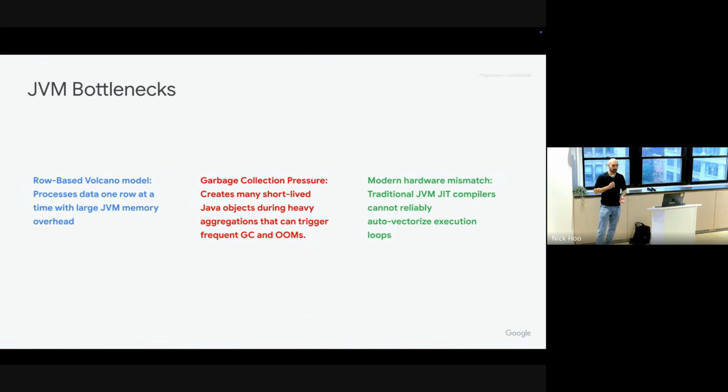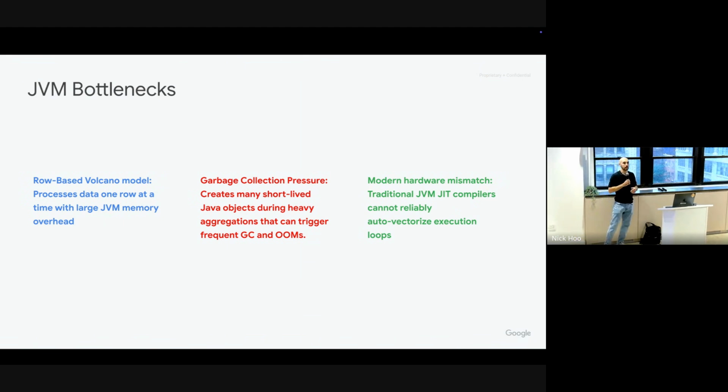There's also the pressure of garbage collection, where as the Spark code is processing, it's creating many short-lived Java objects during heavy aggregations that can trigger frequent garbage collection, and of course the infamous OOMs that we've all dealt with as we're debugging our Spark code. And then there's also a mismatch with modern hardware.